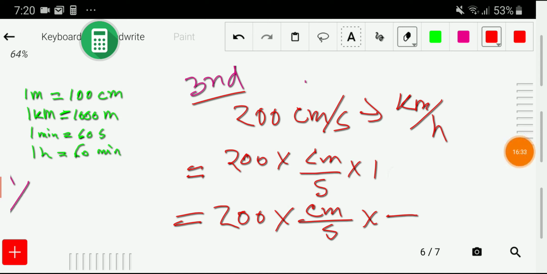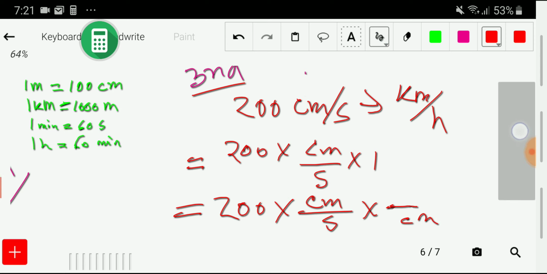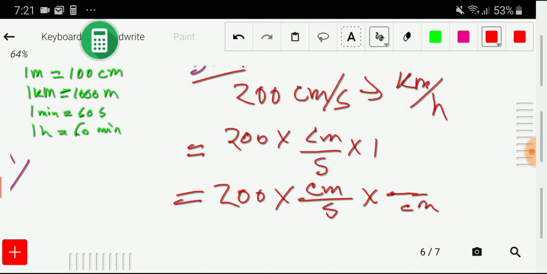Okay. Look here, I would like to cancel this centimeter, and convert centimeter to meter. So if I want to cancel centimeter, then I have to take centimeter as a denominator, and then with centimeter we have the relationship of meter.